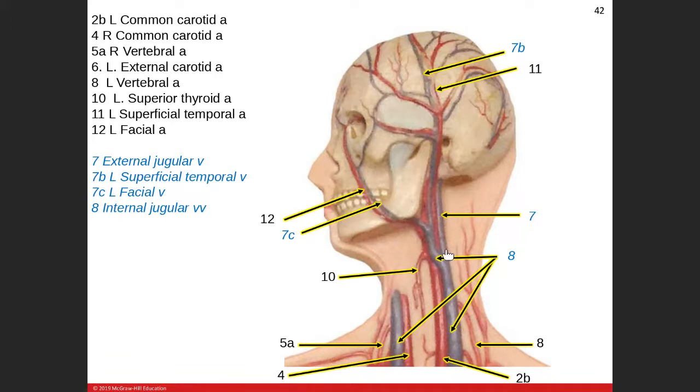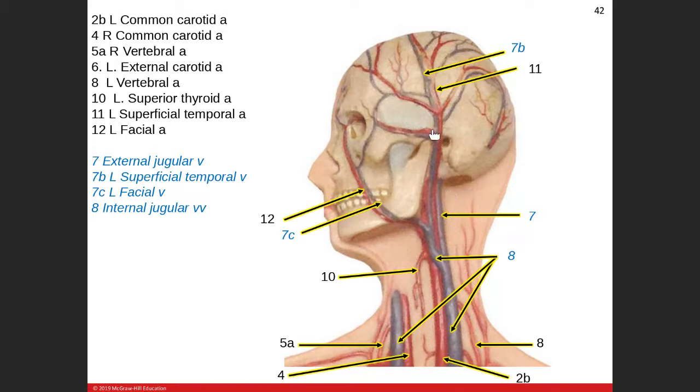And then you can see here, this blue vessel, that's the external jugular vein, and it's making a beeline towards the jugular foramen. Remember the jugular foramen, that hole that sat next to the foramen? It was just lateral to the occipital condyles and the foramen magnum. All right, and again, this vein here drains the cranial cavity.